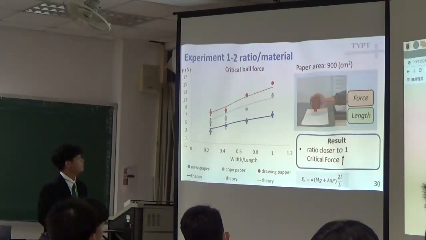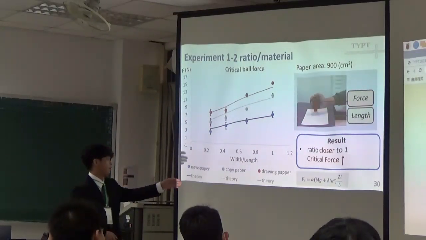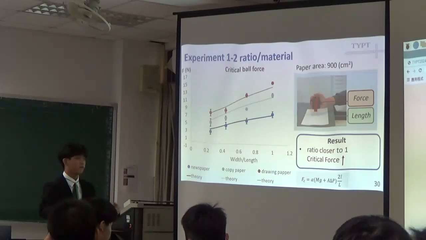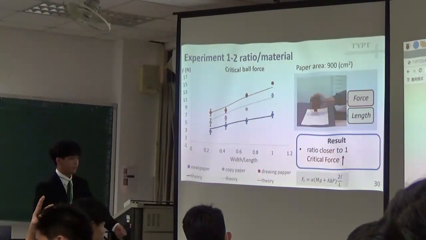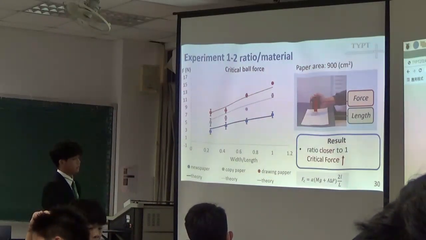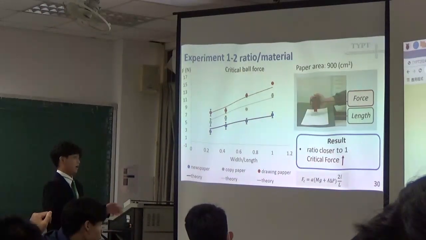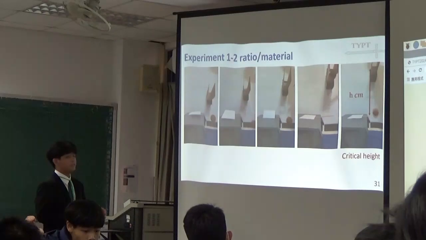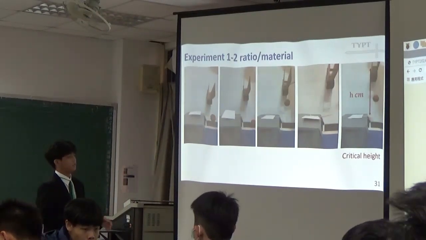You can see that when the ratio, which means the width divided by length, is closer to 1, meaning the shape of the paper is closer to a square, the critical force will increase. And it is also reasonable because in our theory, if the small l increases, the critical force will increase. And then we use the ruler trick setup to measure the critical force.